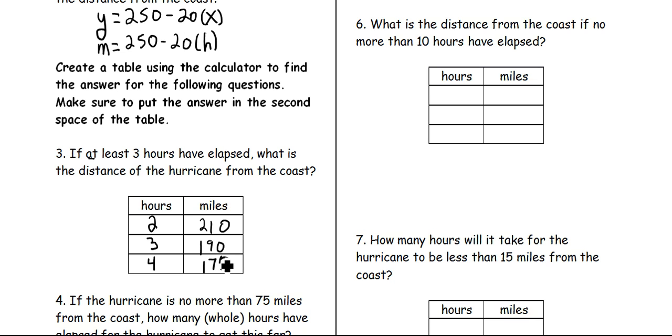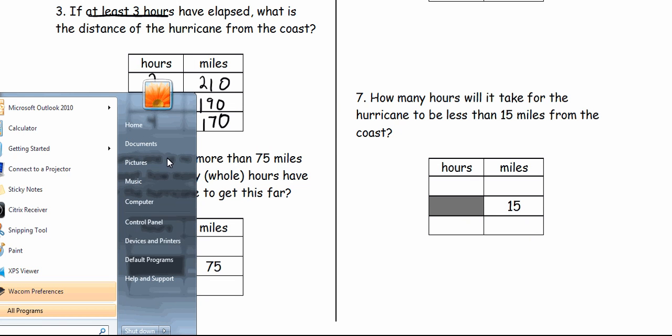Alright, so at least 3 hours. If you remember, at least means that it has to be more than, or it could be equal to. More than or equal to.